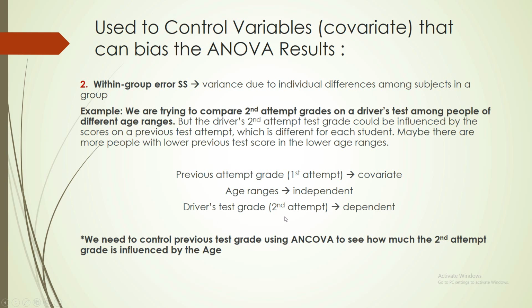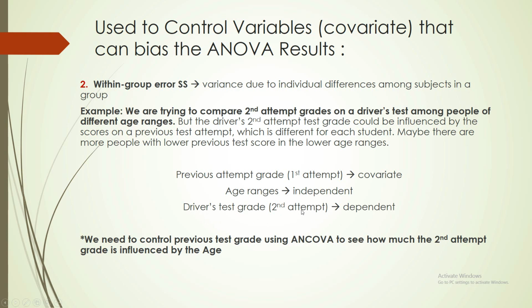And we also have the outcome variable, which is people's test grade for their second attempt where they passed their driver's test. And we're trying to see whether or not there is a difference between people belonging to different age ranges and the grade that they received on their passed test.